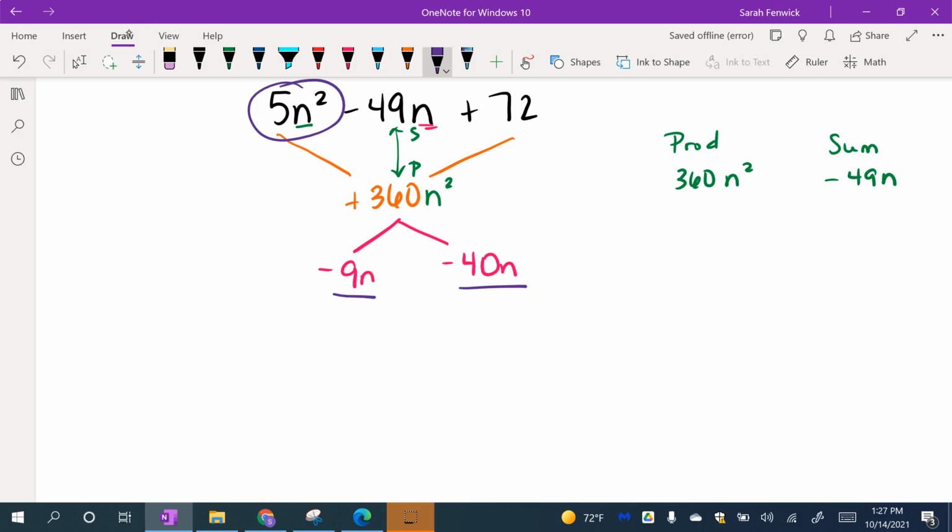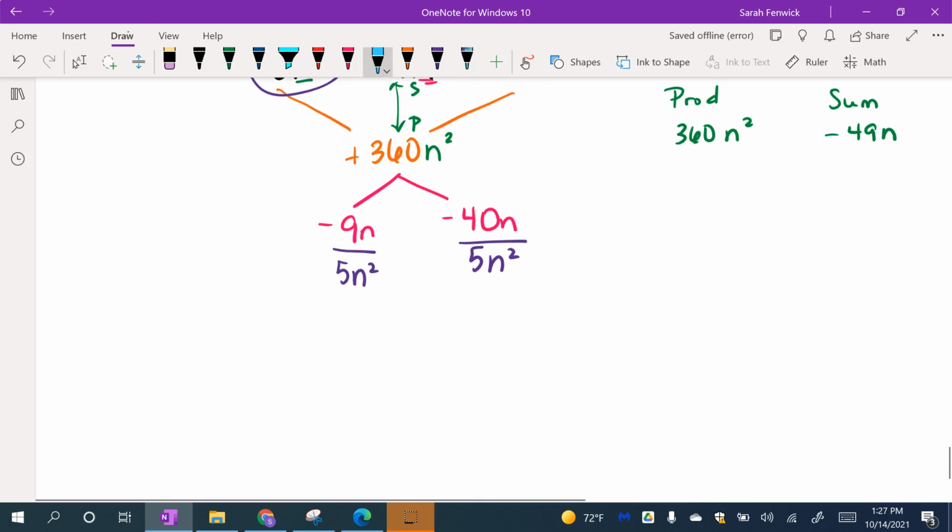Well, in this case, we're going to divide by 5n squared. A lot of your teachers told you just to put 5n underneath and leave off the n on the top. I did it this way so that you can see where everything actually went, why it went there, and we can simplify correctly.